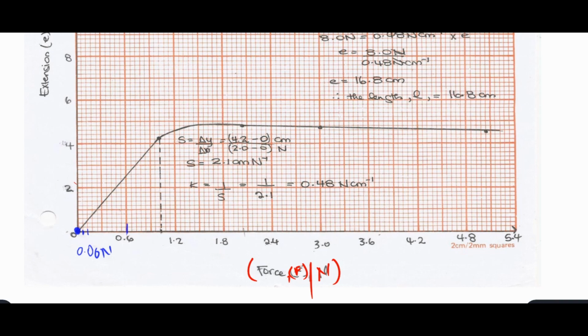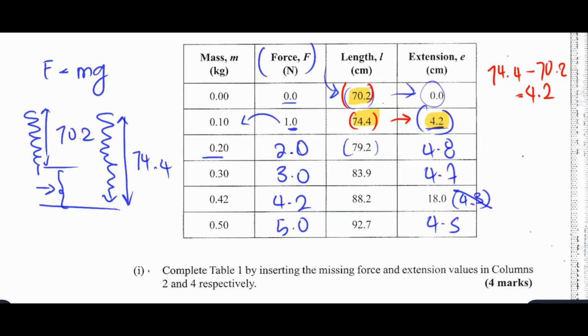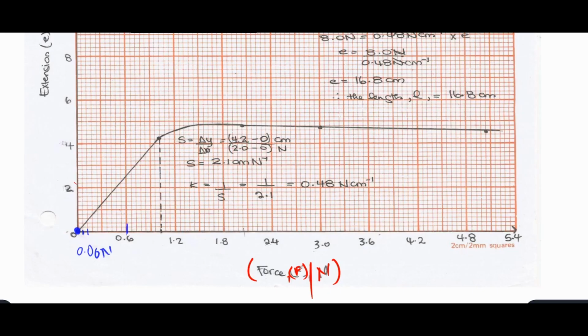Now the second point that we're supposed to find is 1 to 4.2. So 1 would be around here.